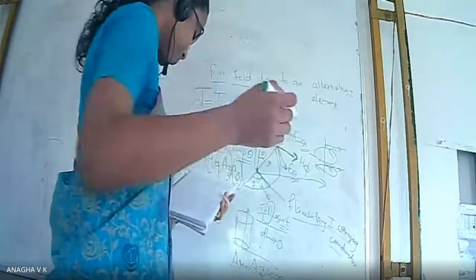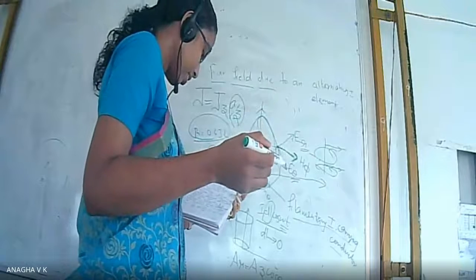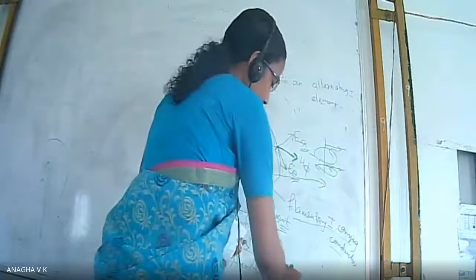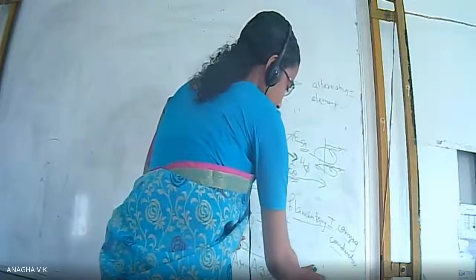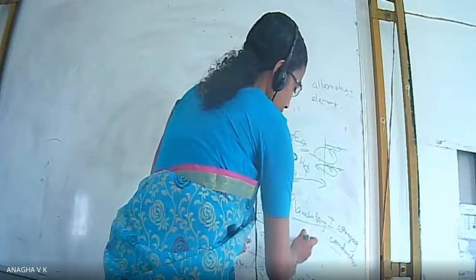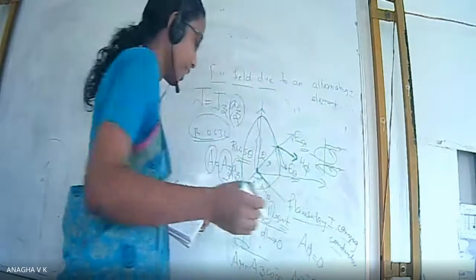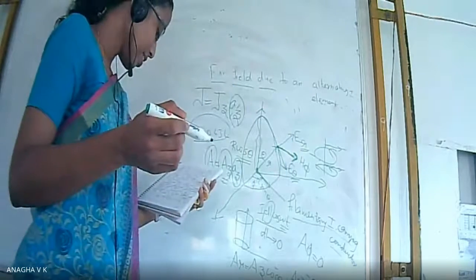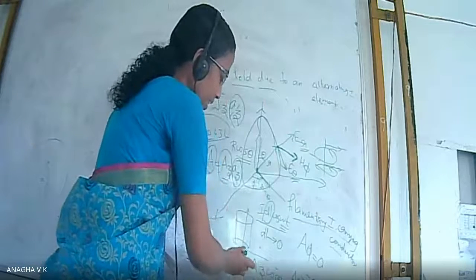Okay. A_r is equal to A_z cos theta. A_theta is equal to what? Minus A_z sin theta. And A_phi is equal to what? 0. So A_r is equal to A_z cos theta in the direction of r.